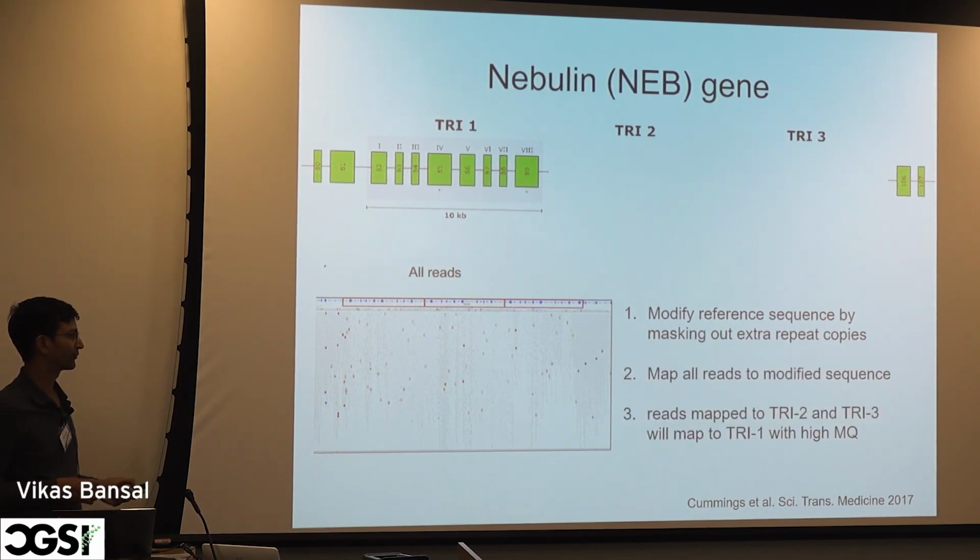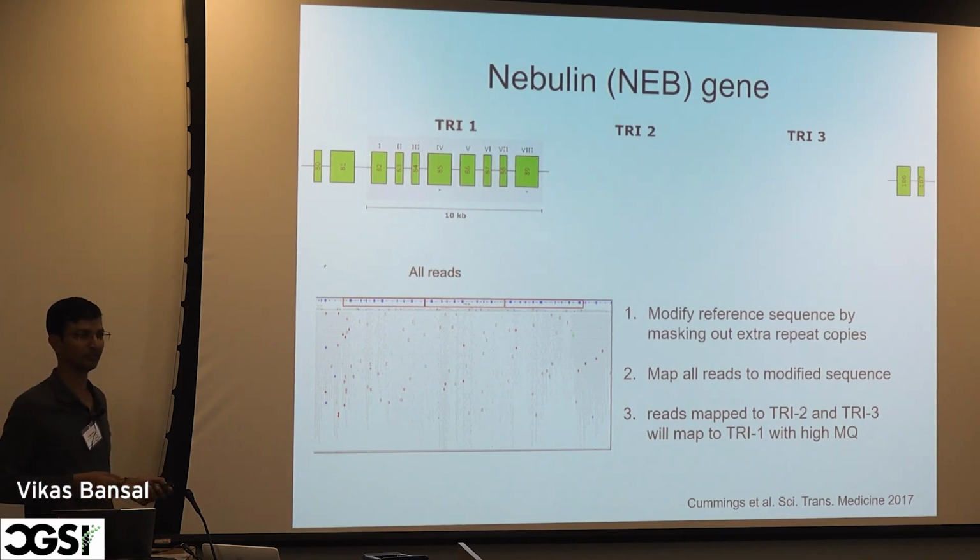What that will do is that all the reads that were aligned to copy 2 and copy 3 will now be aligned to copy 1, and they will have high mapping quality because, since we masked out copy 2 and 3, there's only one location for these reads. As a result, also the problem that you mentioned is solved: all the reads that have the variant in a specific location will all be piled up in the same position.